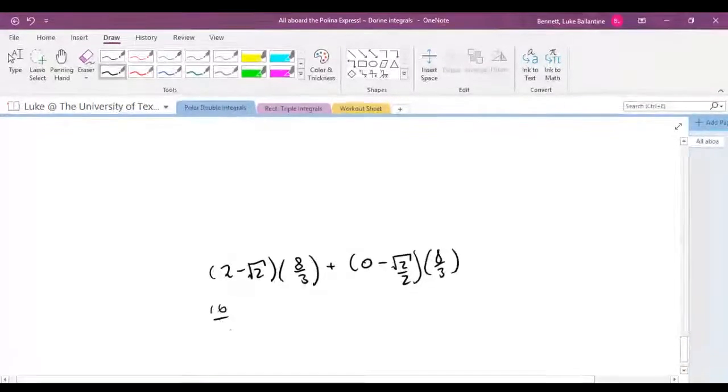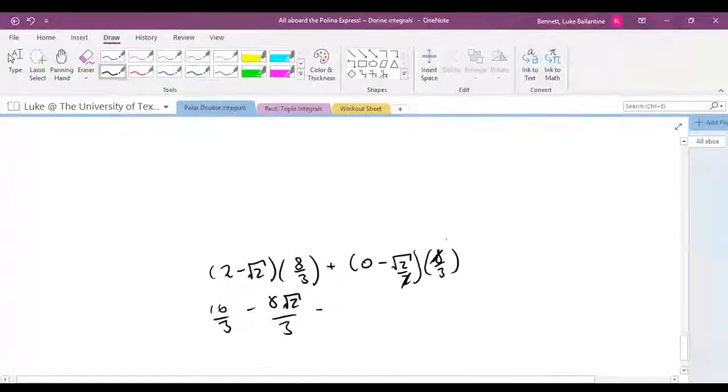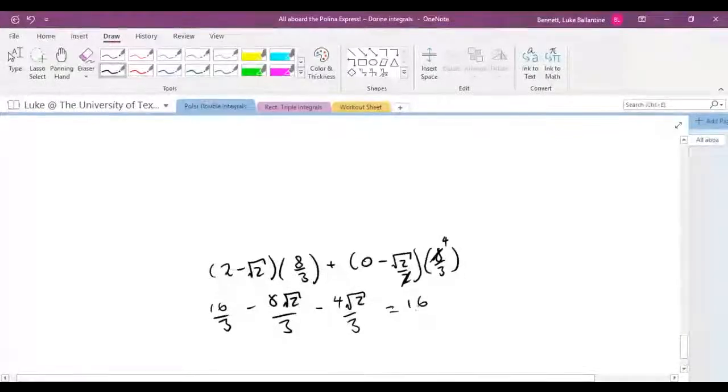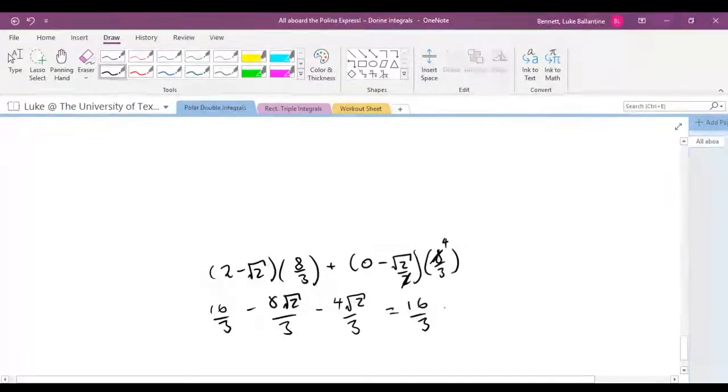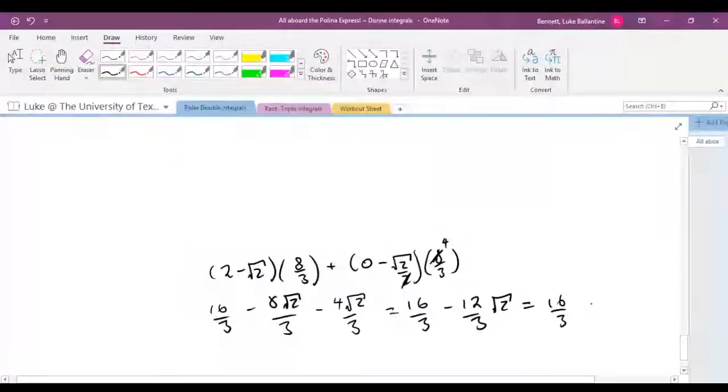This is 16 over 3 minus 8 root 2 over 3 minus, well, this 2 cancels with this, so this is 4, minus 4 root 2 over 3. 16 over 3 minus 12 over 3 square roots of 2. 12 divided by 3 is really 4, so we have 16 over 3 minus 4 square root of 2.